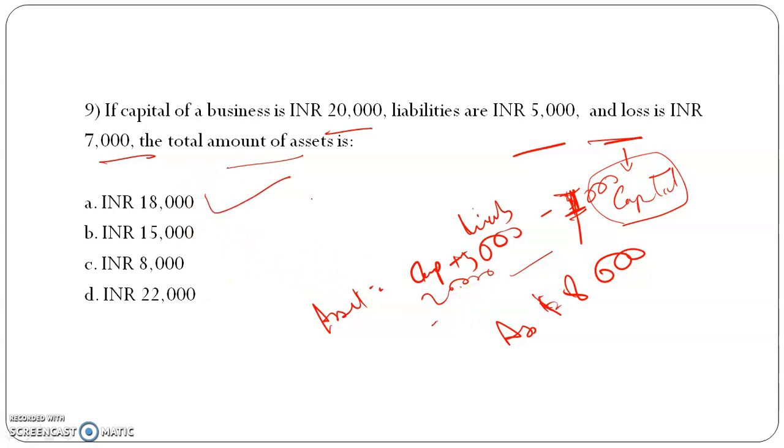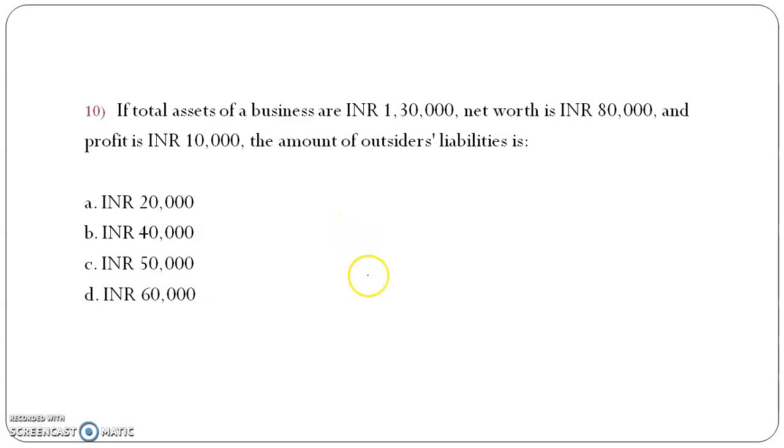So the correct answer will be 18,000. Now if there is any profit, here we can see that if total assets of a business are 1,30,000, that is your assets, and capital, net worth, is 80,000, that means your capital only, that is 80,000, plus your profit is 10,000.